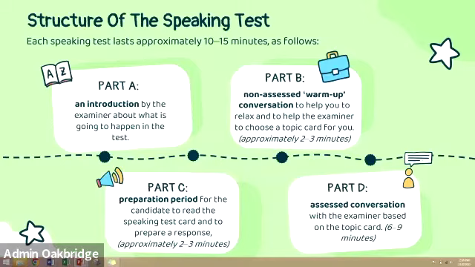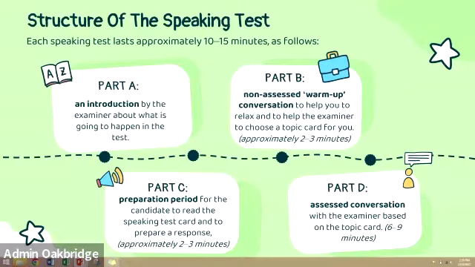As you can see, we have 4 parts here: part A, part B, part C, and part D. May I know which part is the only part that is assessed? Which part is assessed? Yes, only part D is assessed, which means the examiner will only give you marks for what you are sharing in part D. Whatever you say in part A, part B, part C will not be given marks, but it will still be recorded.